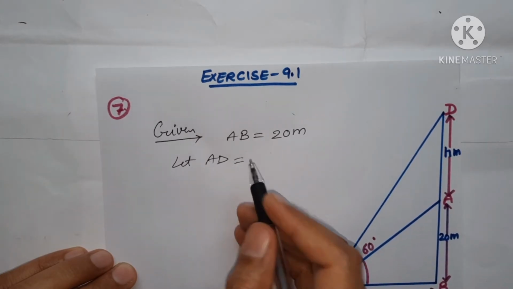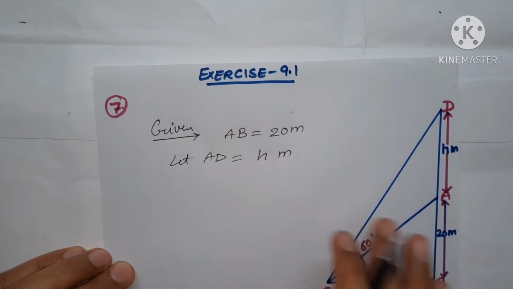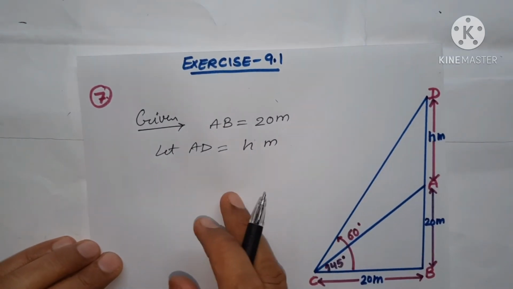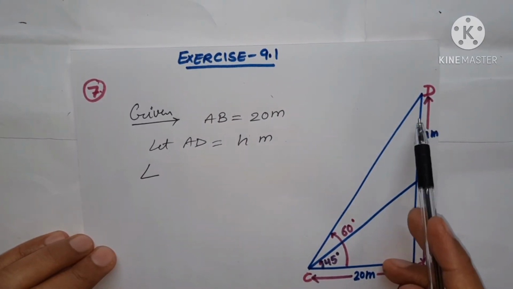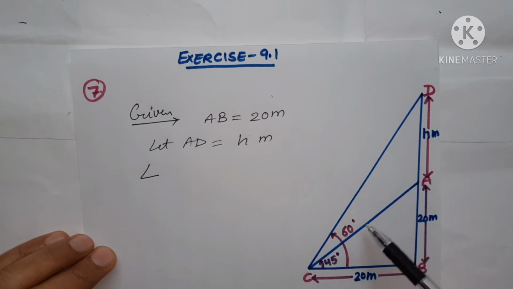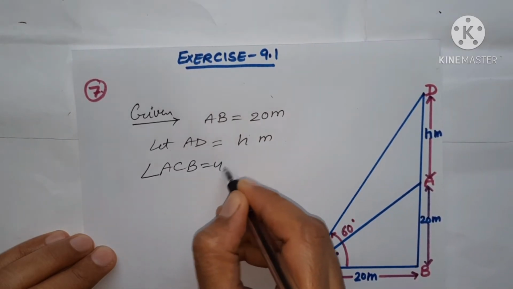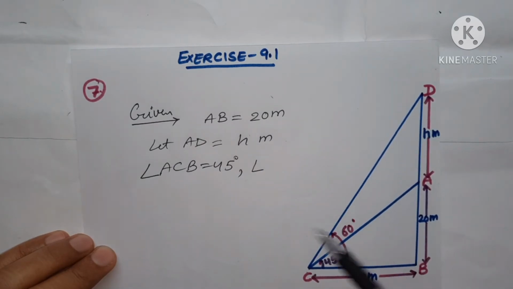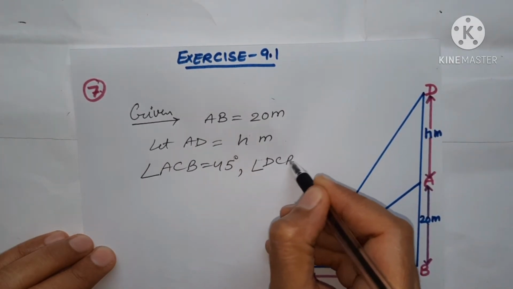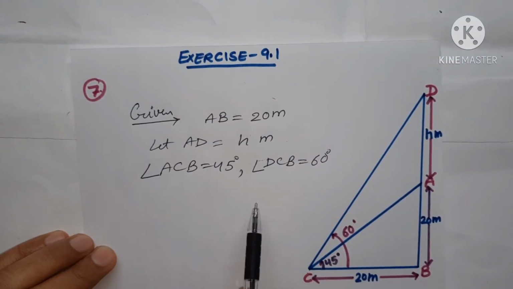We don't know the height of this, so we can assume that the height of this tower is h meter, and the angles of elevation of the base and the top of this tower are 45 and 60. So we can write angle ACB is 45 degree, and angle DCB is 60 degree. Both angles are given.